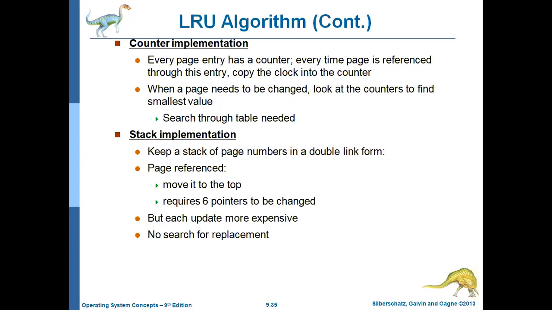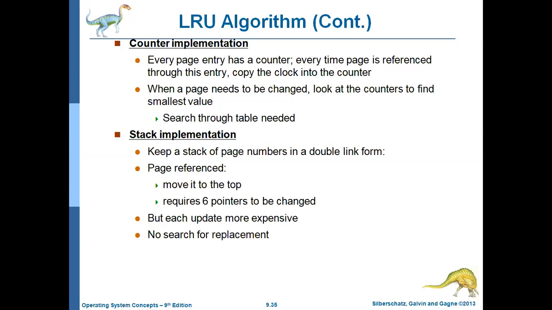And one more is stack implementation. How does the stack implementation work? It uses a stack, and whenever a page is accessed, pull that page from the middle of the stack and place it on the top. The LRU page will always be at the bottom of the stack.